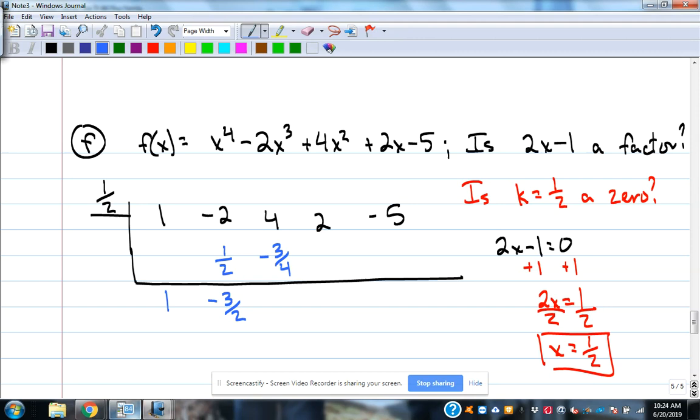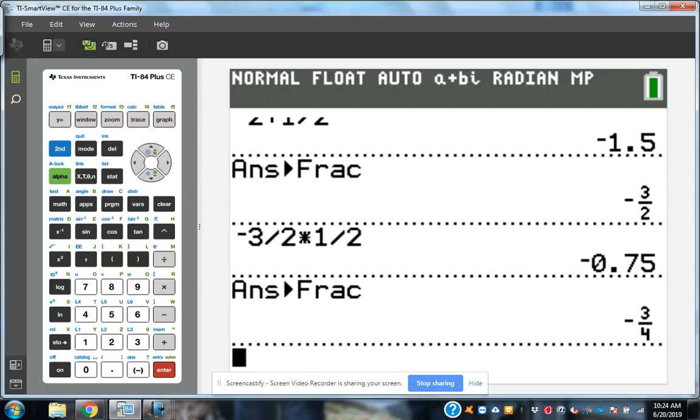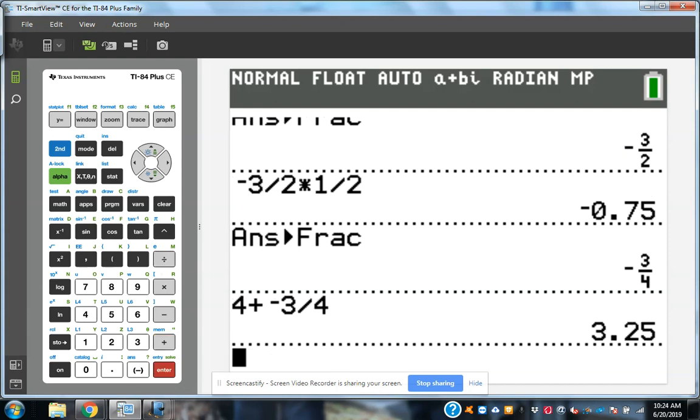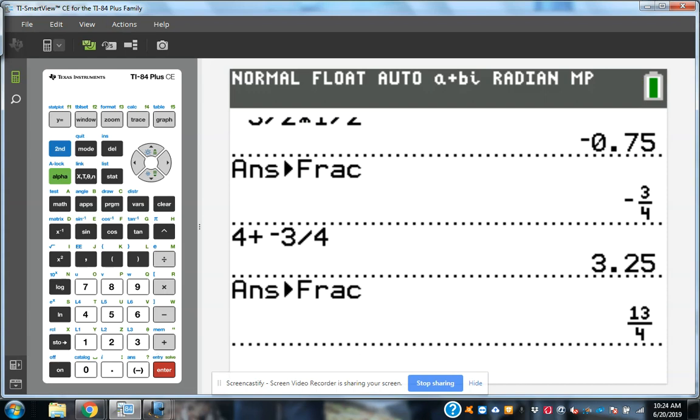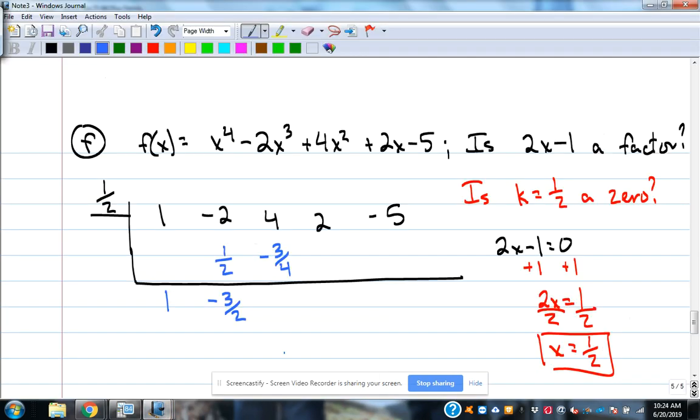4 plus -3/4. Math, enter. 13/4. So same process, but the fractions just kind of make it a little bit tougher to deal with.